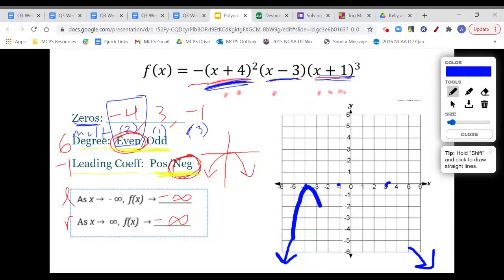So for those, I will be crossing through the axis. At -1, it's going to look something like that. I have that squiggly action going on because it had a multiplicity of 3. And then I am going to cut right through at 3 because that had a multiplicity of 1. And that is what my graph looks like.